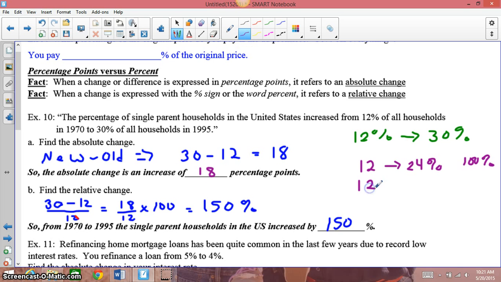Tripling would have gone from 12 to 36%, and so tripling is a 200% increase, relatively speaking. So then we can definitely see that I more than doubled, but I didn't quite triple, so therefore my percentage should lie somewhere between 100 and 200%, and sure enough it did at 150%.